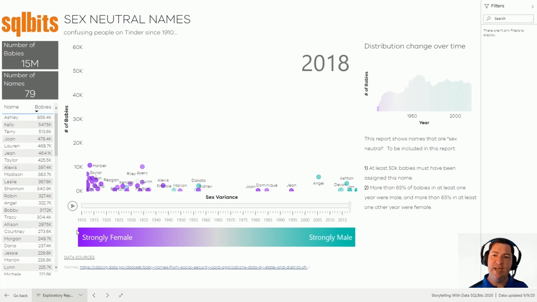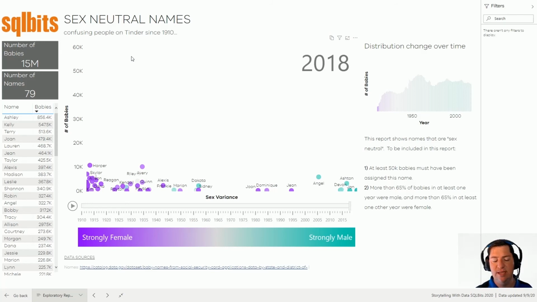This is basically about what I've called sex neutral names, or names that have changed over time from being strongly associated with males to strongly associated with females, or vice versa, or perhaps they've gone back and forth. Whatever it is, what I've done here is I created a set of parameters or rules to work out what names qualified here, and to make my data set more manageable.